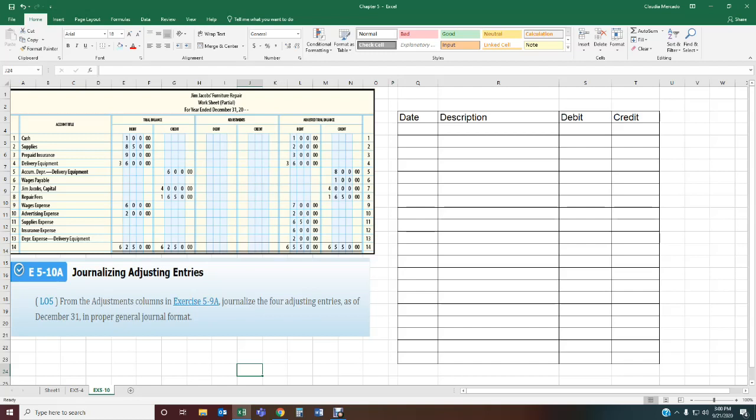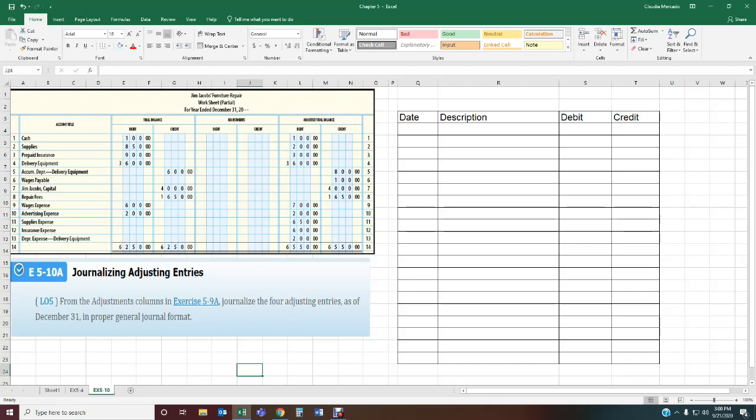So, using this information, we have to figure out the adjustments. I'm not going to solve exercise 5.9. I'm just going to use the worksheet to solve 5.10, which is where we have to figure out our adjusting entries. So instead of completing the worksheet, I'm just going to work with what I have.